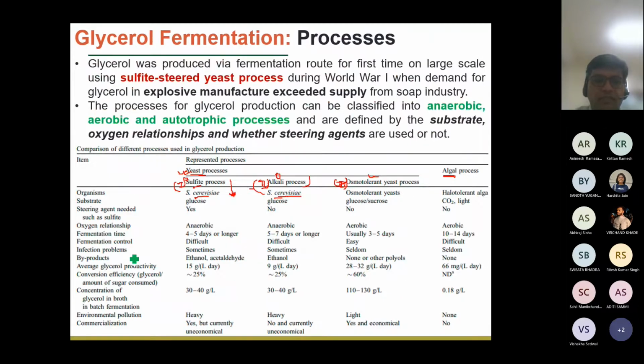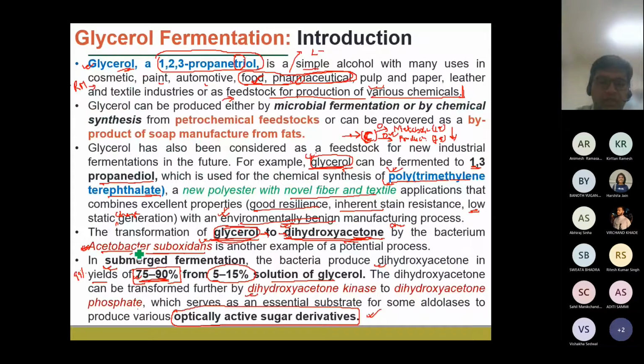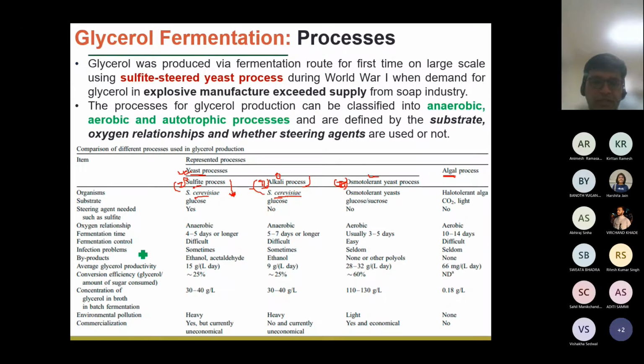Generally, if you see the production of glycerol, it has been carried out through three basic processes, depending upon the microbes that are used. If yeast are used, there are generally three processes.